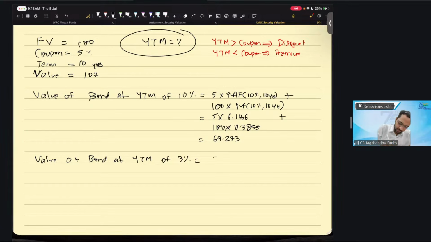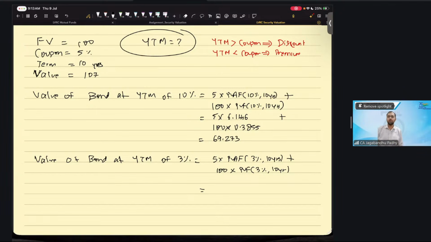So it's going to be 5 rupee coupon into present value annuity factor at 3% for 10 years plus 100 into present value factor at 3% for 10 years. So just add them and see what's the bond value coming out to be at a YTM of 3%.